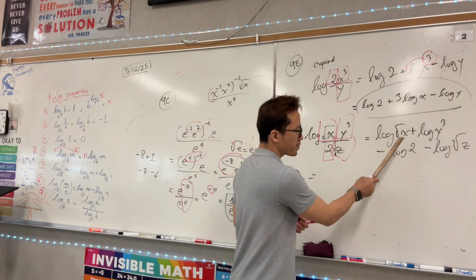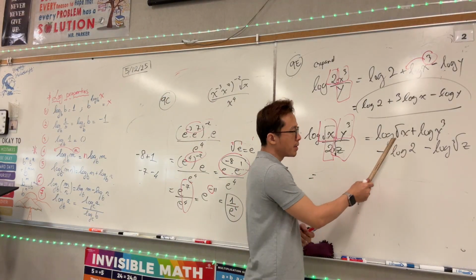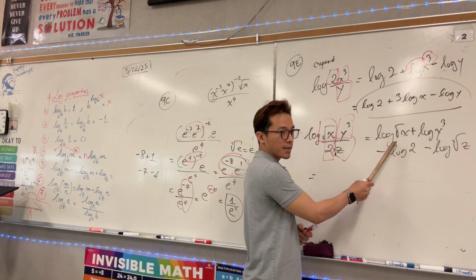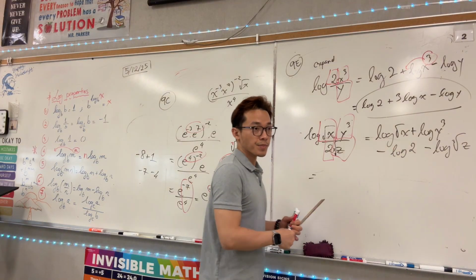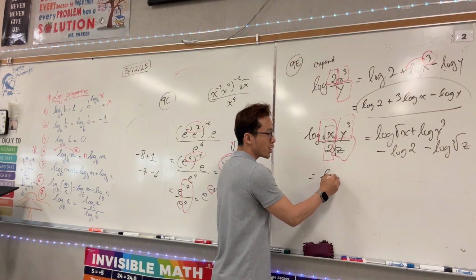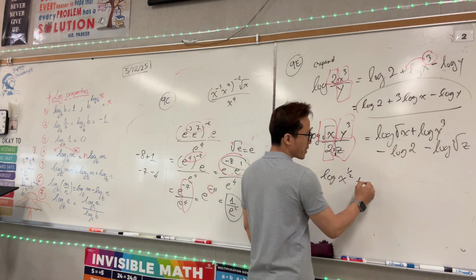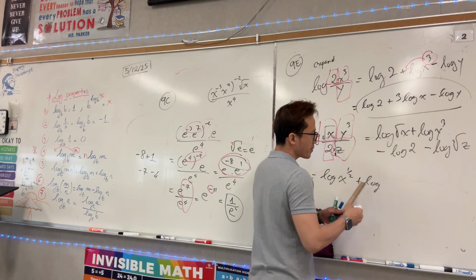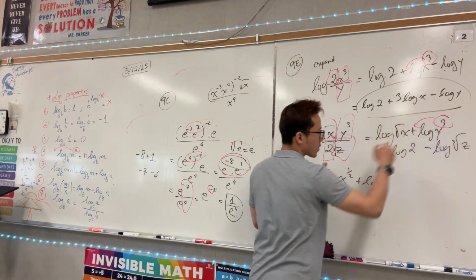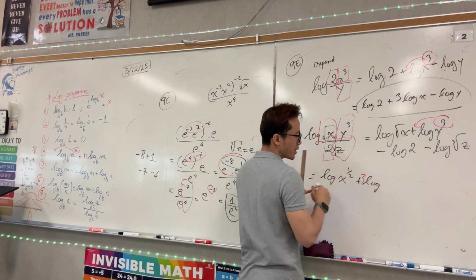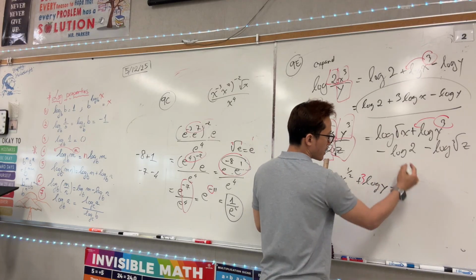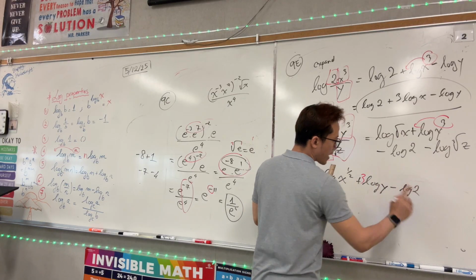Now this one, even though they don't have the power, you can make the power happen, because square root means exponent 1/2. Square root means 1/2. And you can bring this one first because it's already powered. So bring 3 to the front. This log 2, there's nothing else you can do.